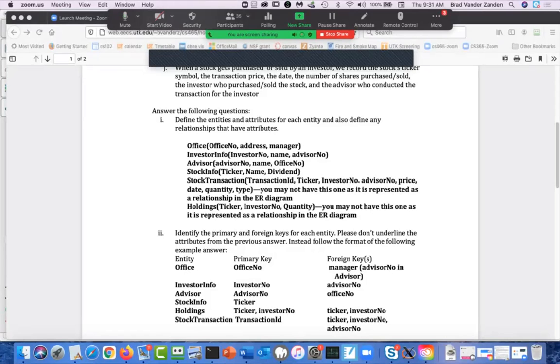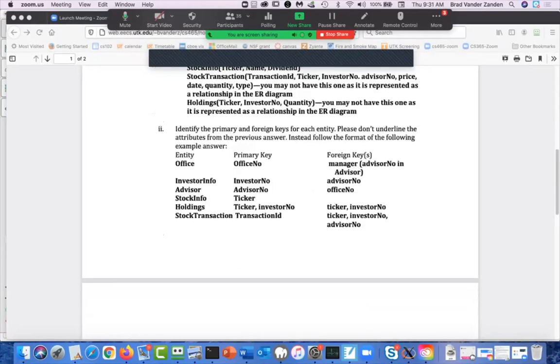Okay. So then the final thing is we ask for the primary and foreign keys for each entity. So for an office, the office number is the primary key. For an investor, the investor number is the primary key. For the advisor, the advisor number is the primary key. And for stock info, the ticker is the primary key.